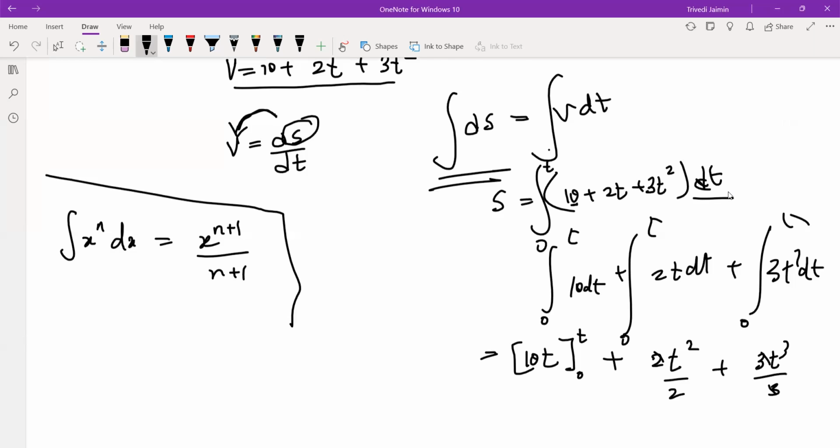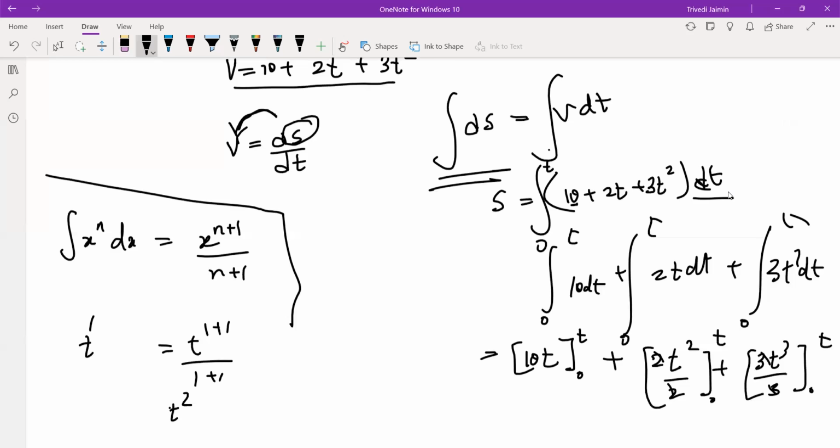Sir, I have a doubt. For the first term we integrated and got 10t. Why didn't we get the same for the second and third terms? Because t is already there, so the power increases. Here t to the power 1 becomes t to the power 1 plus 1, which is t square by 2.